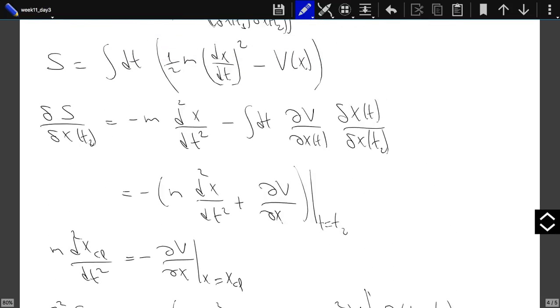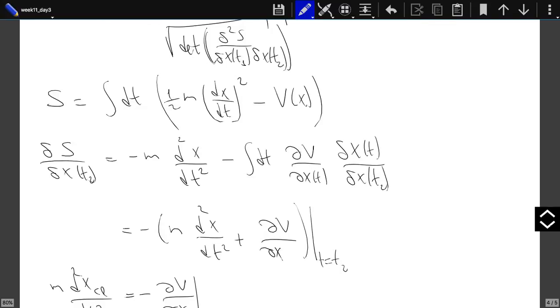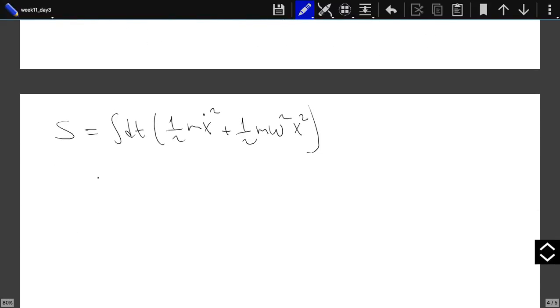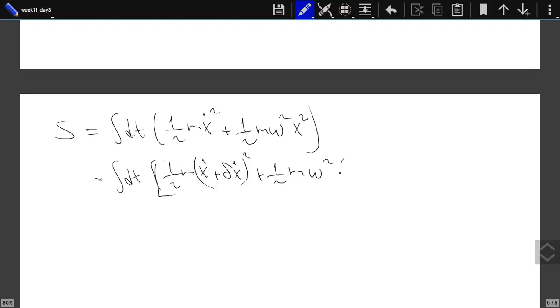Now rather than using this expansion, we can just evaluate it explicitly, just replace x with x classical plus delta x: 1 over 2 m (x dot classical plus delta x dot) squared plus 1 over 2 m omega squared (x classical plus delta x) squared.